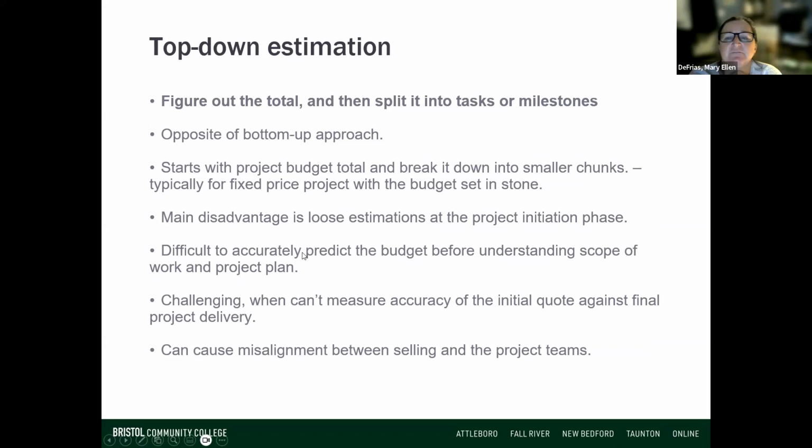If you're not, you can always do top-down estimation. You know how much it's going to cost you, and now you split that up across all of the tasks. Okay, so this is the complete opposite of the bottom-up approach. So you start with the total budget and you break it down.